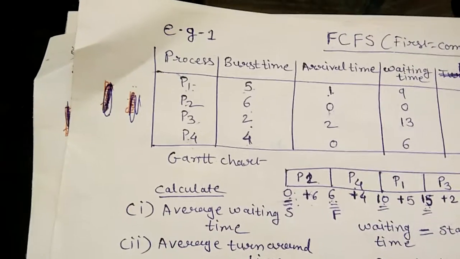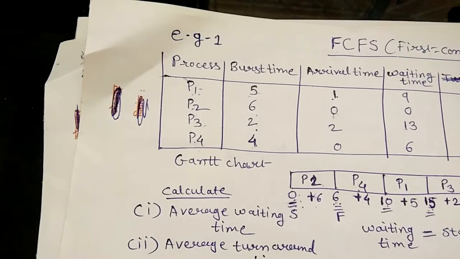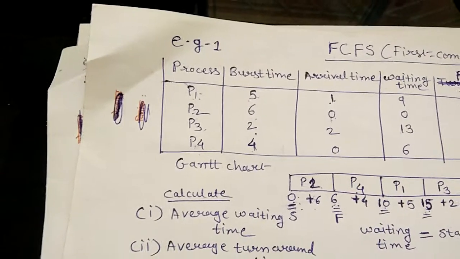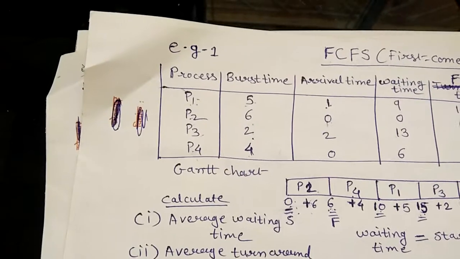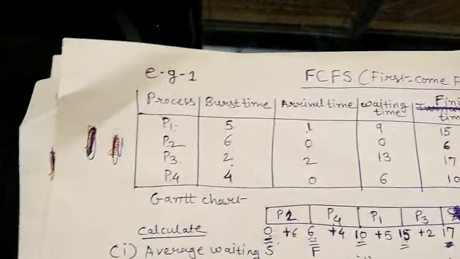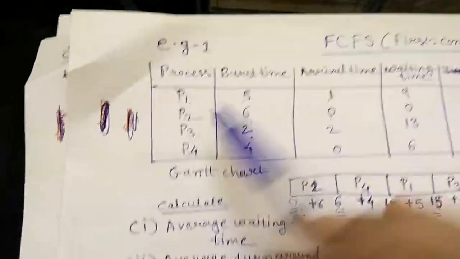It means the process that arrives first in the queue will be allocated by the CPU first. So let's see the example.